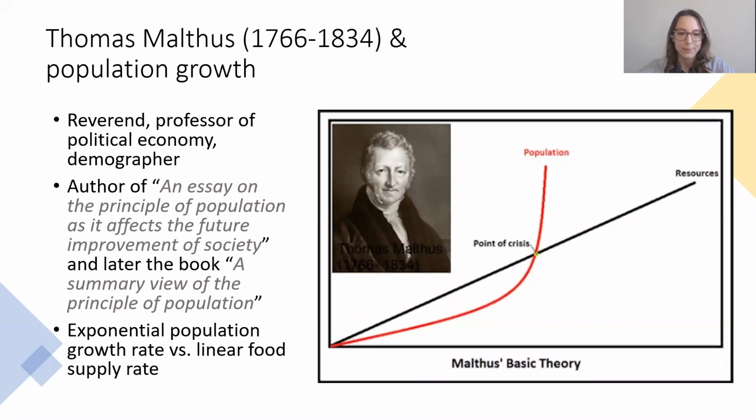Now, he also wrote a book around the same time that was a summary of the principle of population. So he was really the first person to talk about populations in a way that was particularly concerning. This is in the backdrop of around the same time that the global population reached about 1 billion.